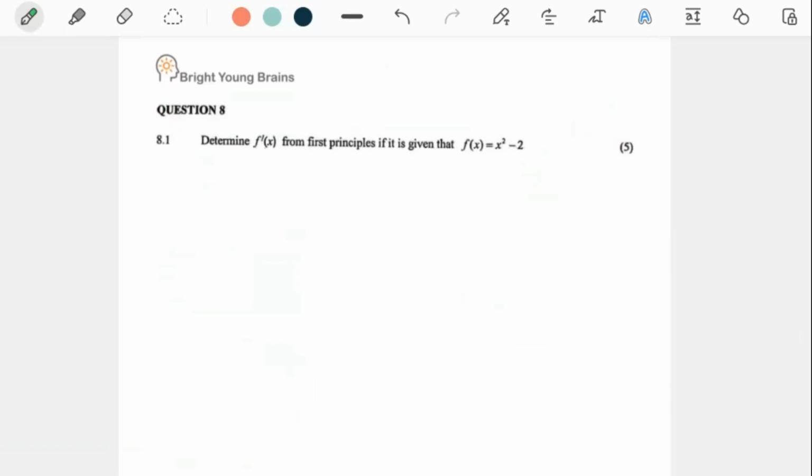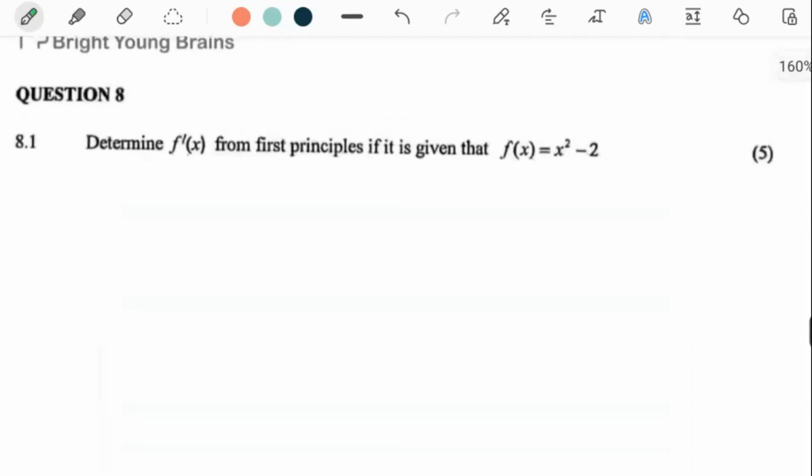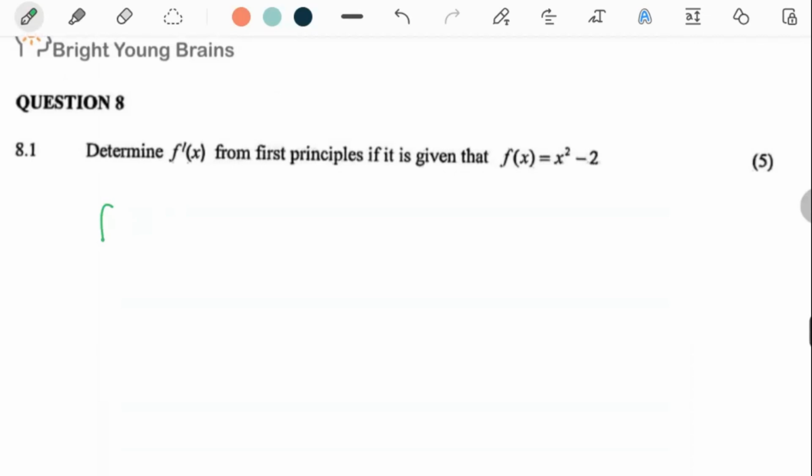So let's see, determine f prime from first principles if it is given that f of x is equal to that expression. So this is pretty straightforward. So the first thing that you need to do is we have to remember the first principles formula, which is f prime of x is equal to f, what's the formula?